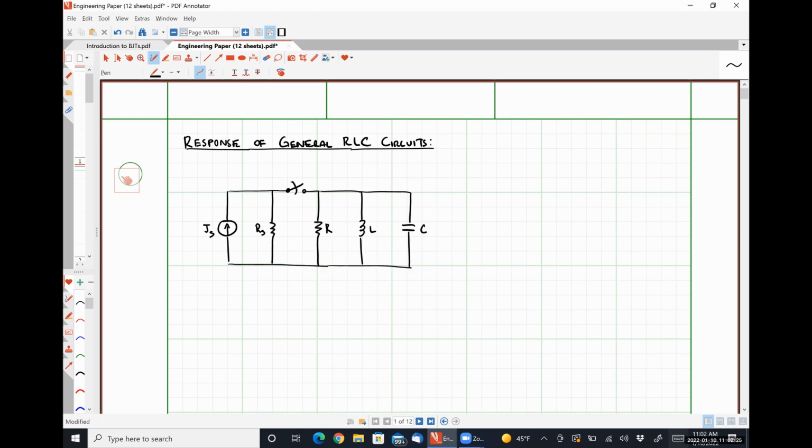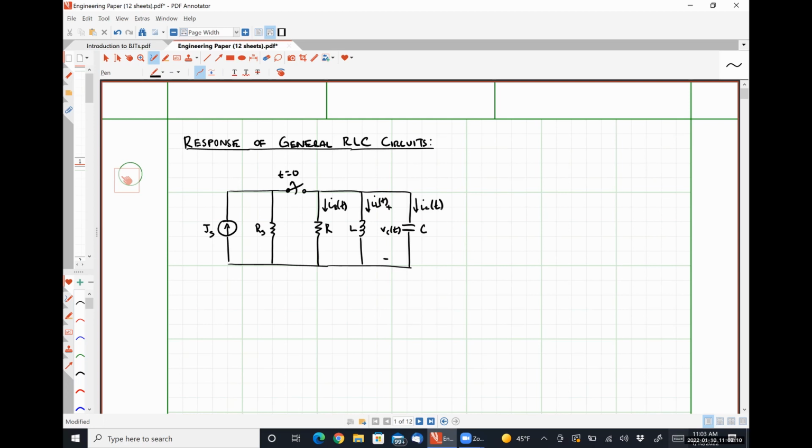Let's just say, for the sake of argument here, that the switch is opening up at t equal to 0. We were able to develop a differential equation as a function of that capacitor voltage, Vc of t, right? We did that by taking each of these three currents, IR of t, IL of t, and IC of t, and expressing them in terms of Vc of t.